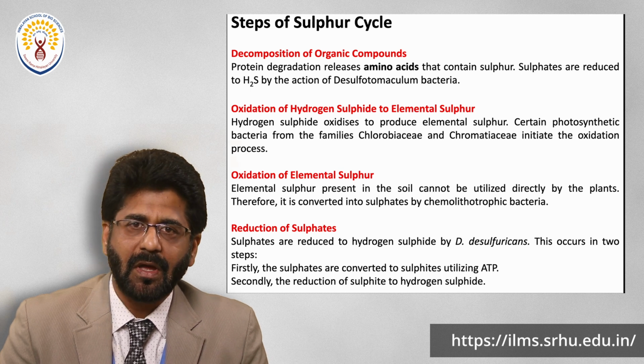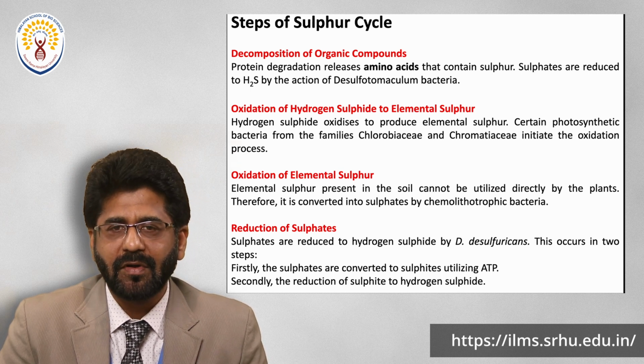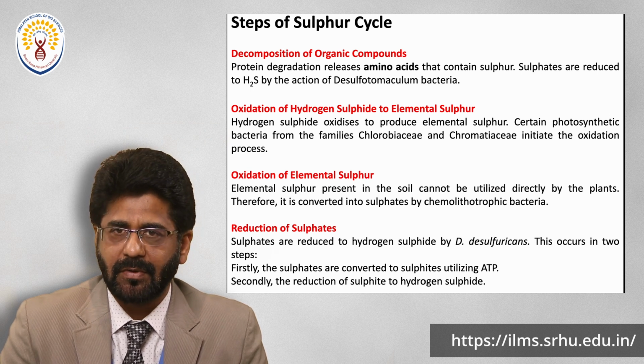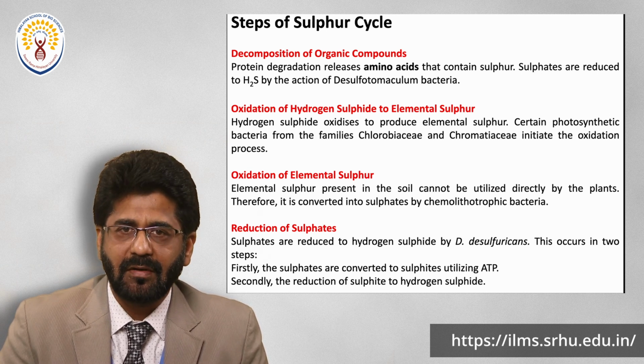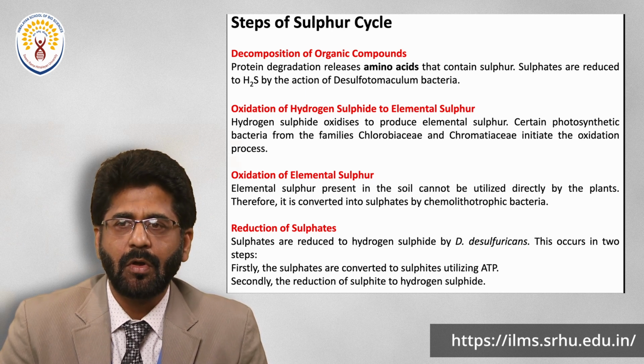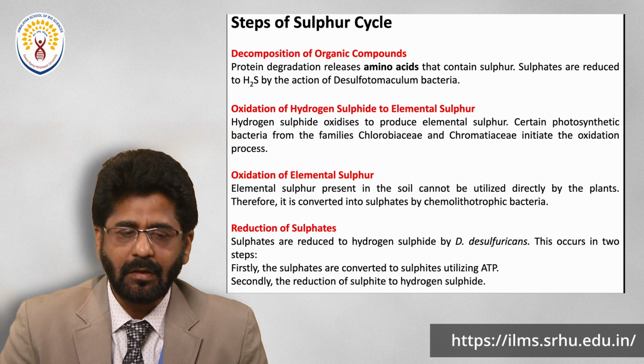So these steps basically focus on the conversion from one form of sulfur to another, so that this sulfur can enter the food chain or food web, or be absorbed by the plants.